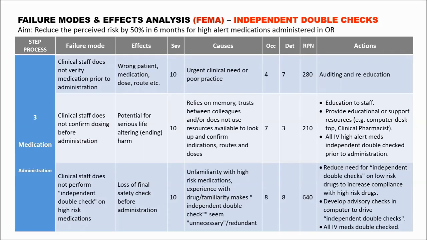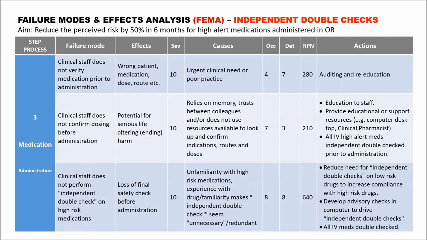And the action to be taken is education to staff, providing educational and support resources like computer desktops, clinical pharmacist review, and all IV high alert medication independently double-checked prior to administration. The last step is clinical staff doesn't perform independent double-check on high-risk meds, which would affect loss of the final safety check before administration.